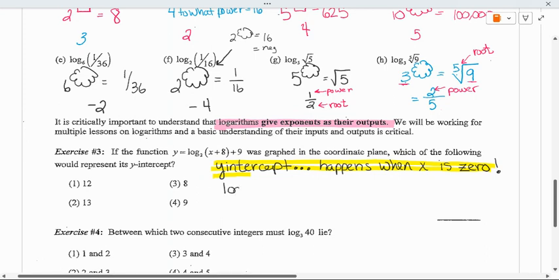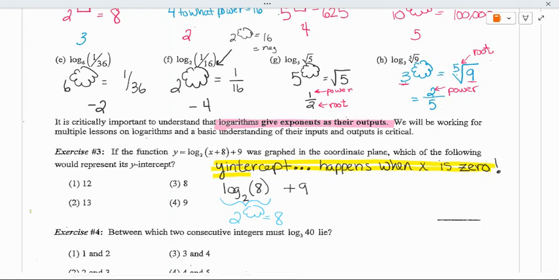So I have log base 2 of (0 plus 8). Well, that's just 8, plus 9. Okay, so this part, log base 2 of 8, that's saying 2 to what power equals 8? 2 to what power is 8? 3.